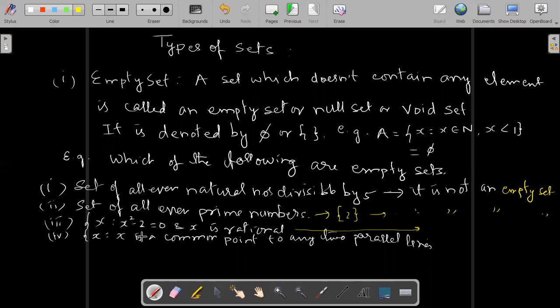Yes, it is an empty set because x squared equals 2, and x will be equal to plus or minus square root of 2, and x is a rational number. So it is an empty set.